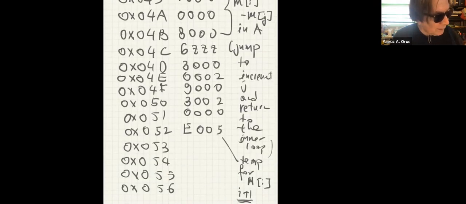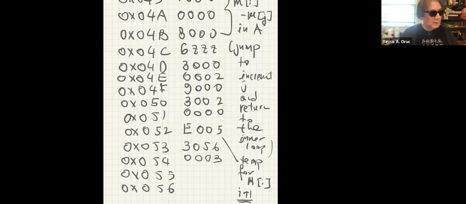So I'm going to say 3056. And I want to move what is in 0003, okay, into that location. And this is the real move. And for this one, I want to move this into the location where J points to. Okay.